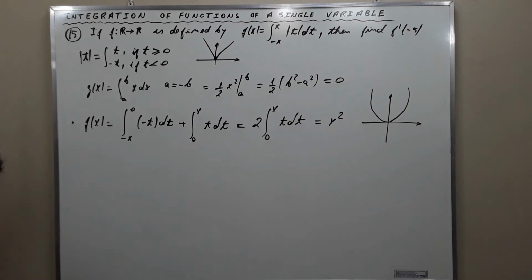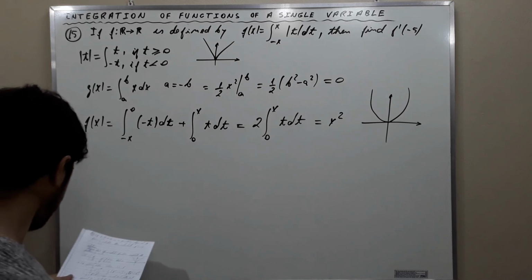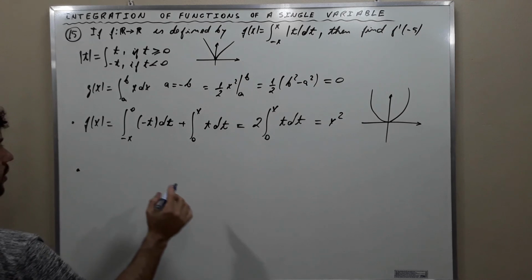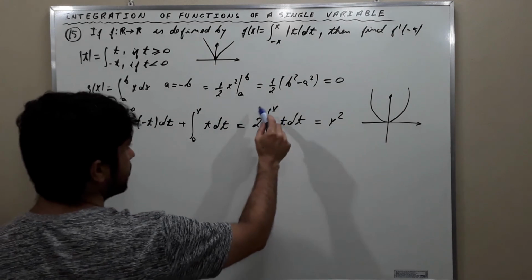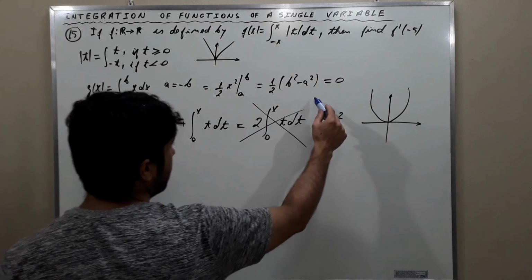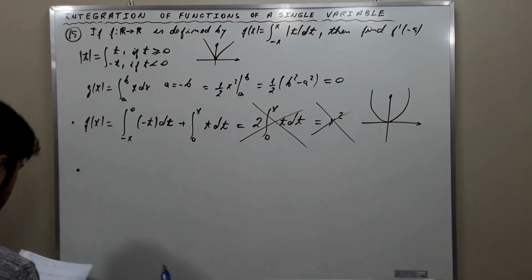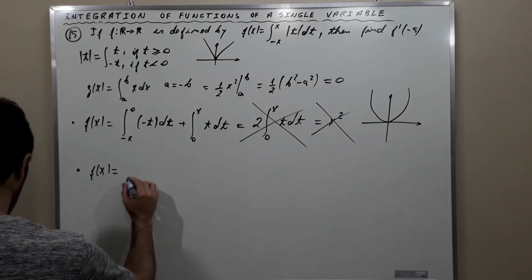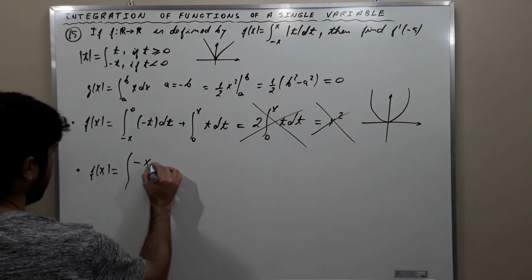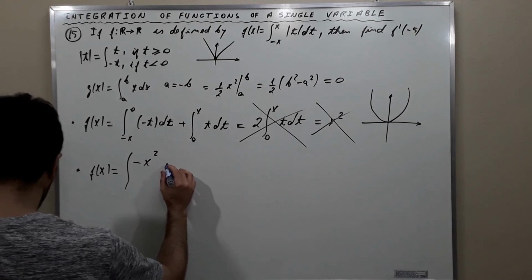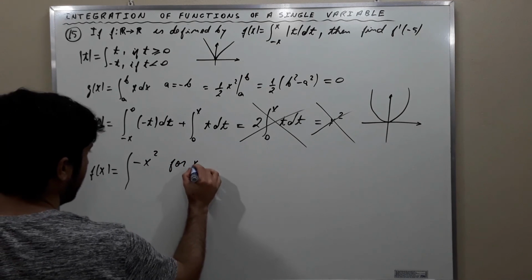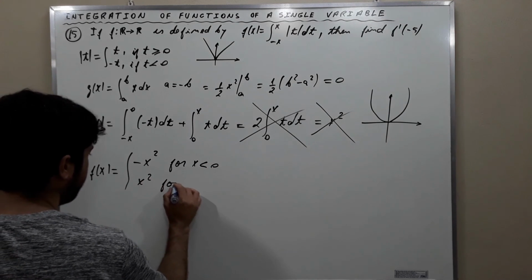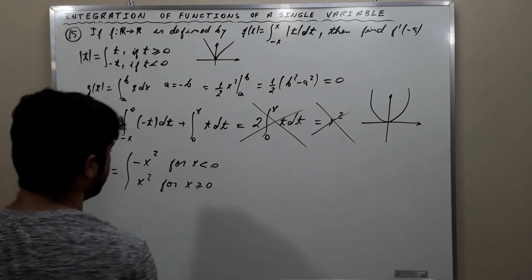The function that we're looking for is this, so it is not this function here. The function that we're looking for is f of x equal to negative x squared for x less than 0 and x squared for x greater than or equal to 0.